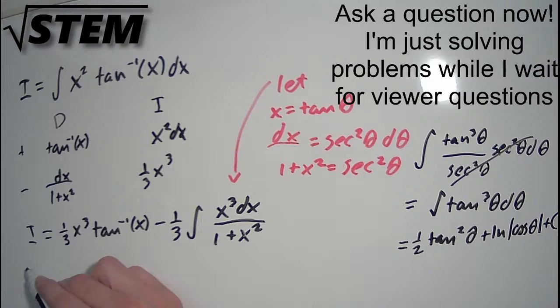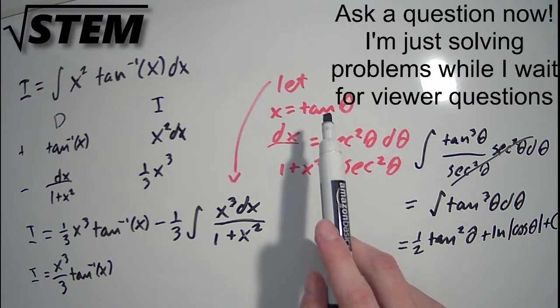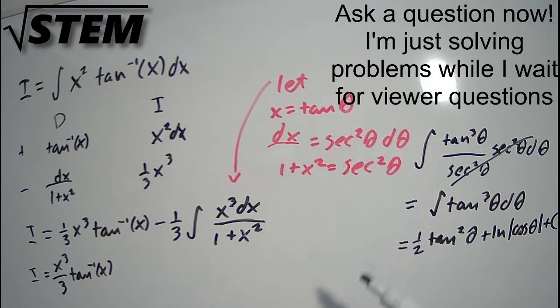Then that means our original integral is x cubed over 3 tangent inverse of x minus 1/3 times this stuff. We should go ahead and undo the substitution. So that's 1/2 x squared plus natural log of.